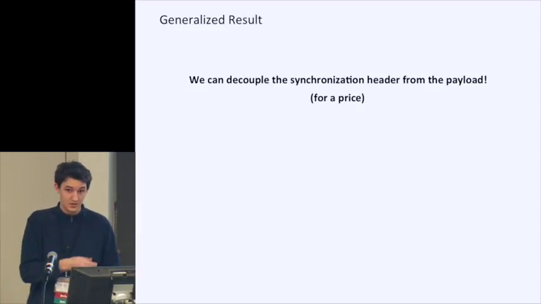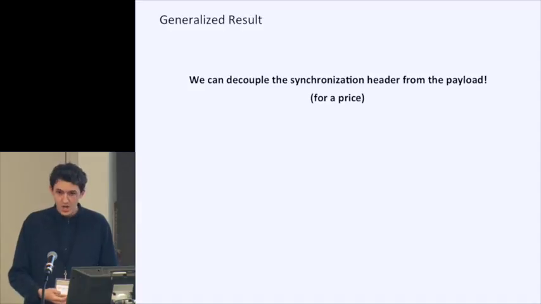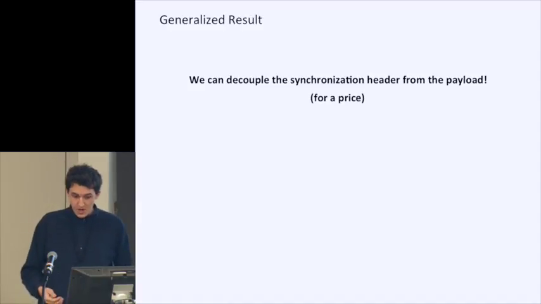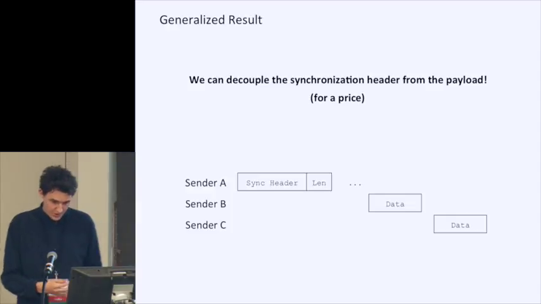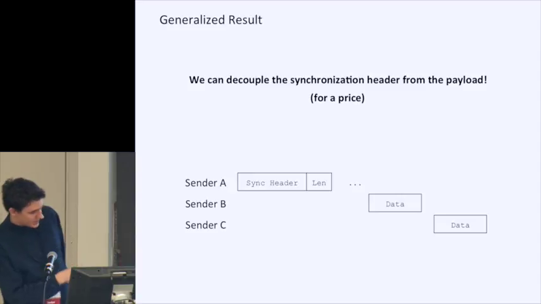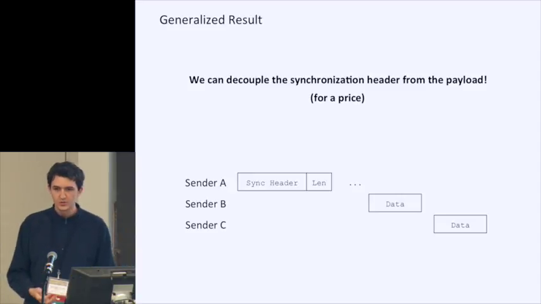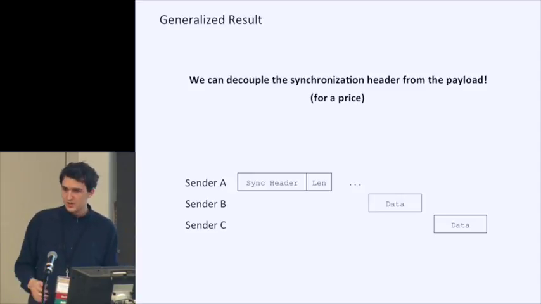Even with the best conditions for our hardware, we only got up to 70%, but we still managed to get something out of this. So the general thing would look something like this. You have some sender A providing a synchronization header with a long length field, and then other senders can send their data and it will immediately be inserted into the packet at that spot.